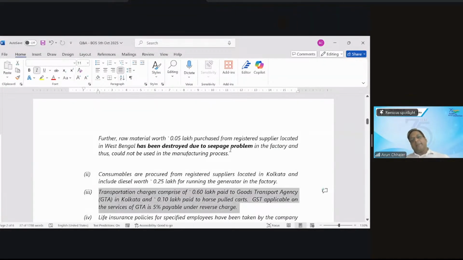Transportation charges comprise 0.60 lakh, that is 60,000, paid to the GTA in Kolkata, and 10 lakh paid to the horse-pulled cart. GST applicable on the GTA is 5% under RCM.